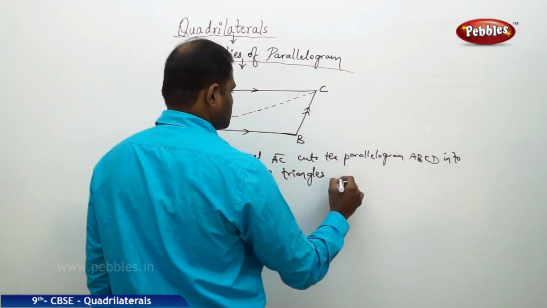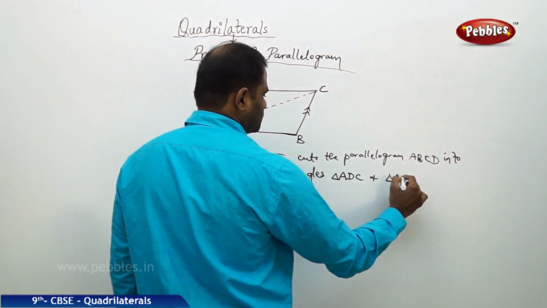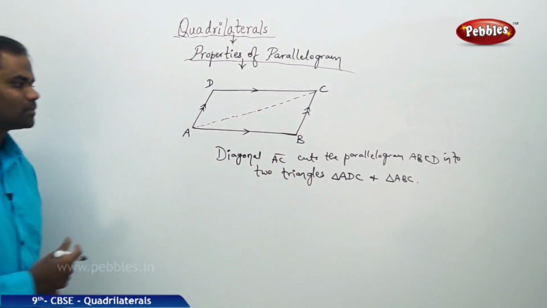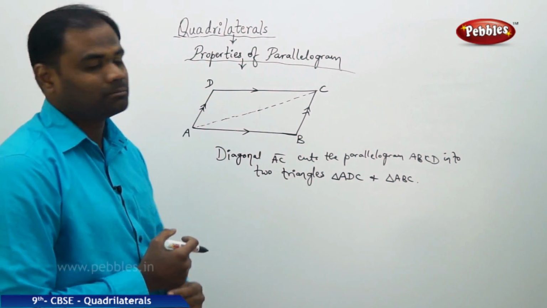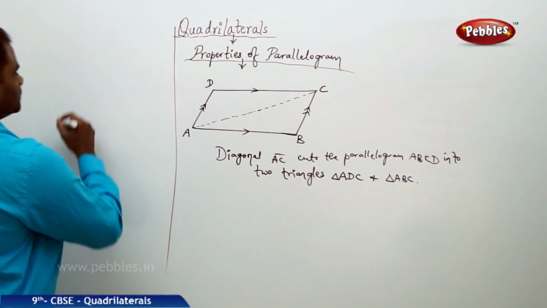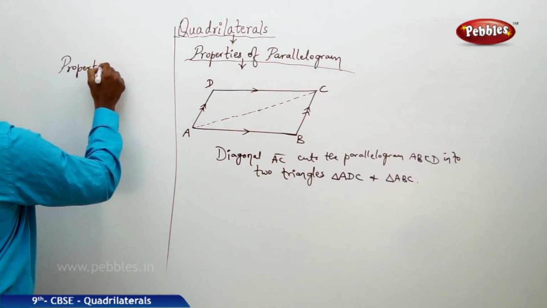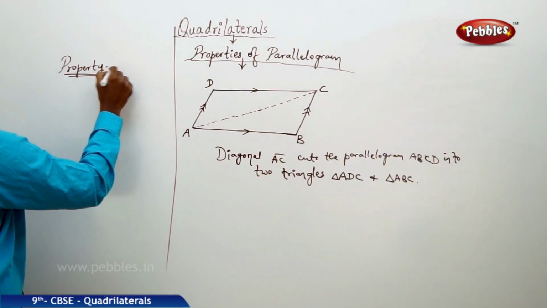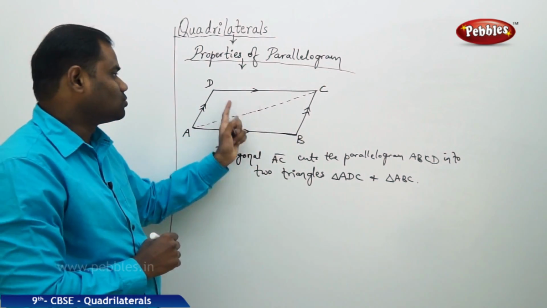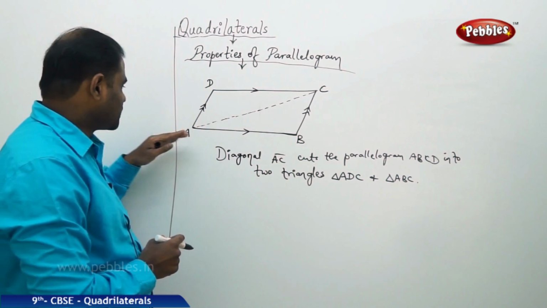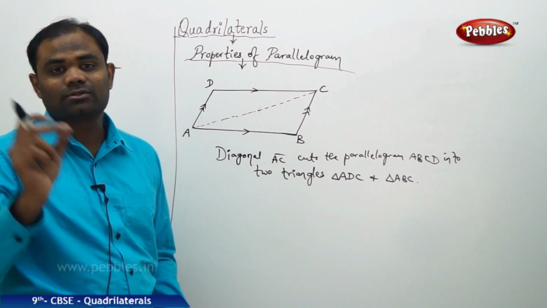The two triangles, triangle ADC and triangle ABC. So let's see the properties connecting these two triangles in a parallelogram. The property states that a diagonal cuts the parallelogram into two equal triangles, or if the diagonal cuts the parallelogram, then the two triangles formed are congruent to each other.